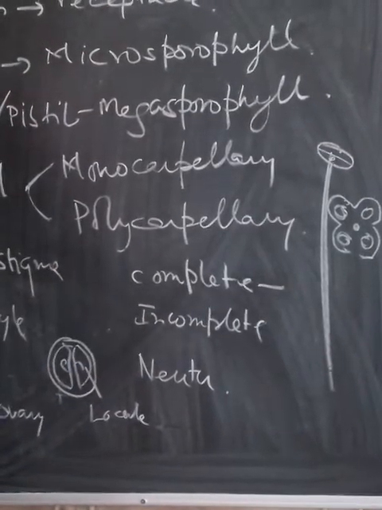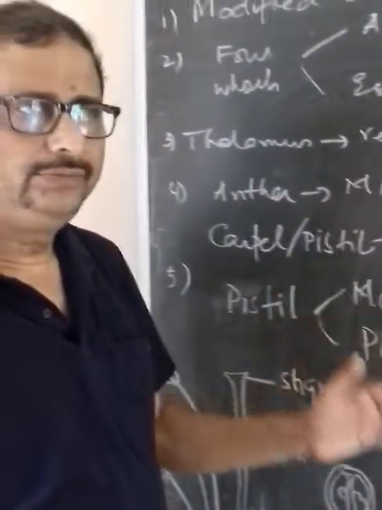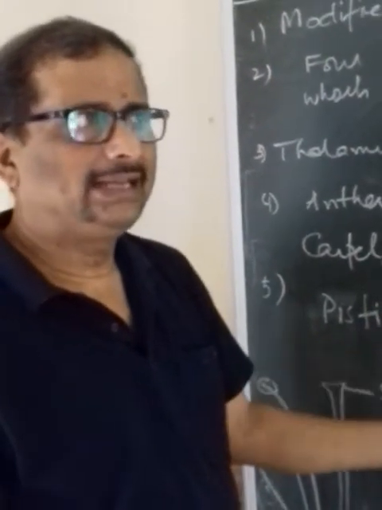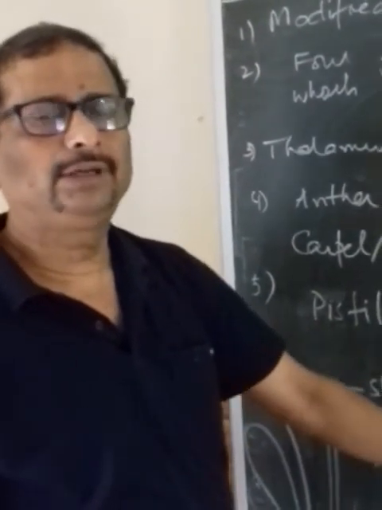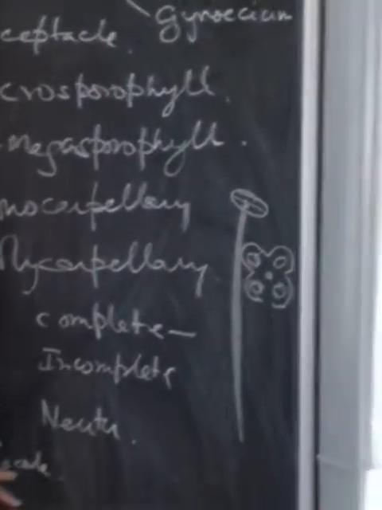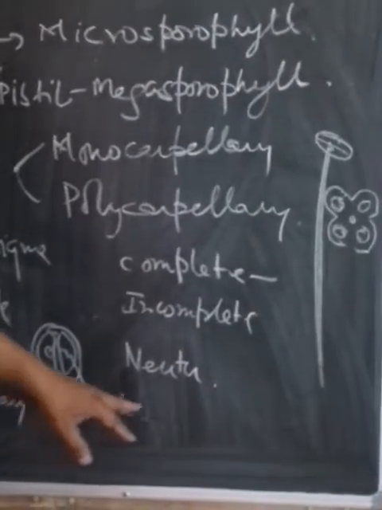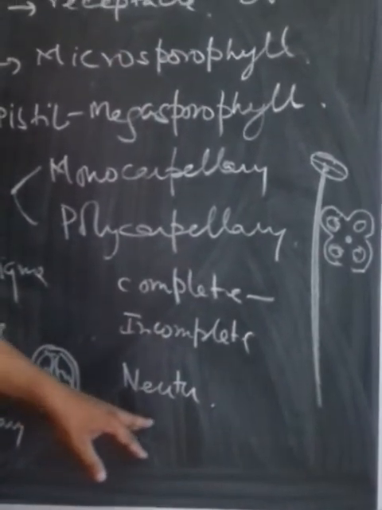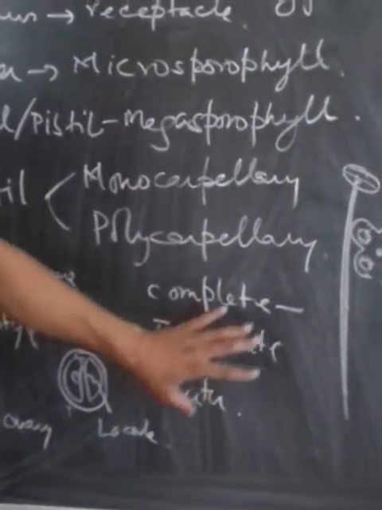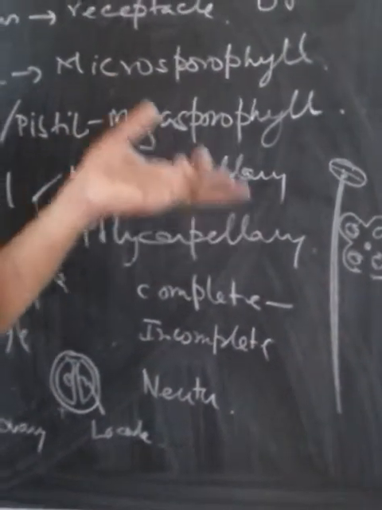Incomplete flowers are those which lack any of the whorls, which can be an essential whorl, like the ray floret of the sunflower. A neuter flower is one that does not possess any of the essential reproductive whorls.